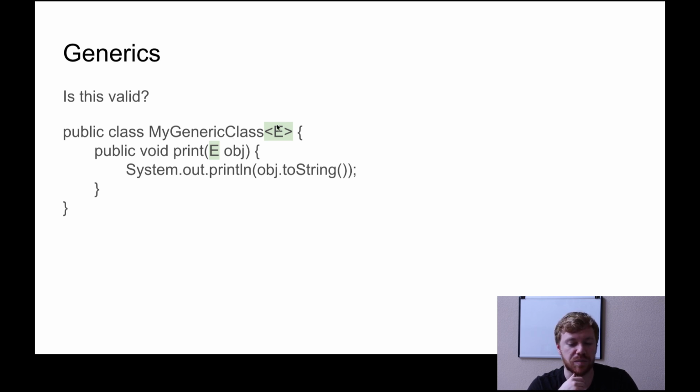And so what you're using is a placeholder type, and this placeholder type or generic type at compile time will get replaced with whatever type is specified by the user of your class. And I went over examples with that in the class.